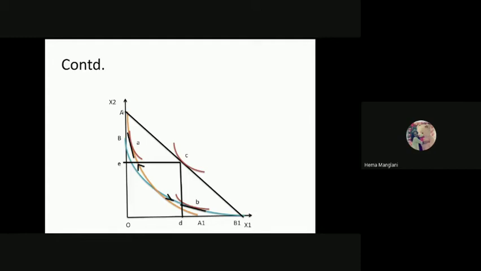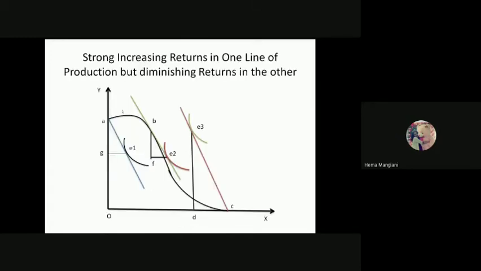Okay. Now we will go with the fourth form of the production possibility curve. The fourth form is also realistic, because we know there is no complete specialization. Complete specialization is possible, but we cannot say that the other commodities are not being produced. So there is always a situation of incomplete specialization.